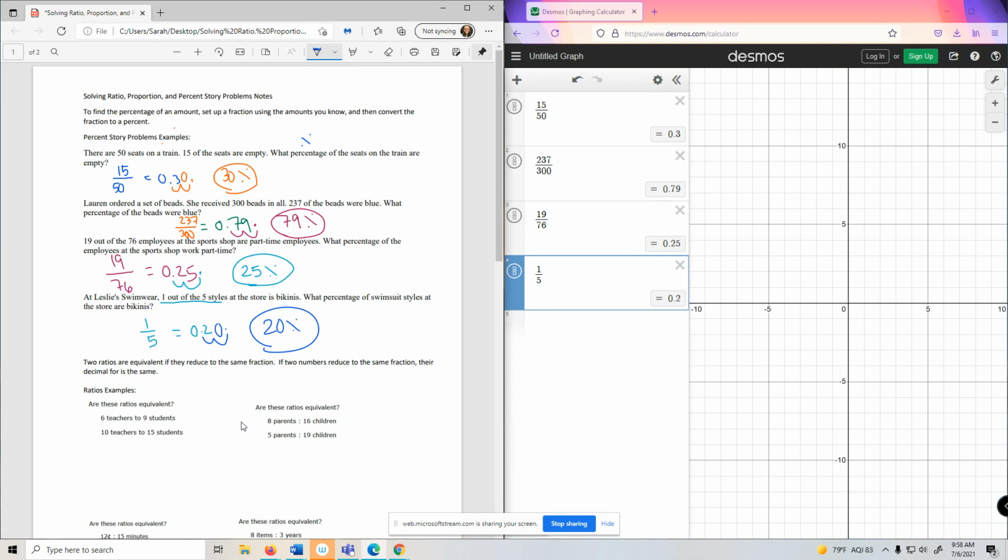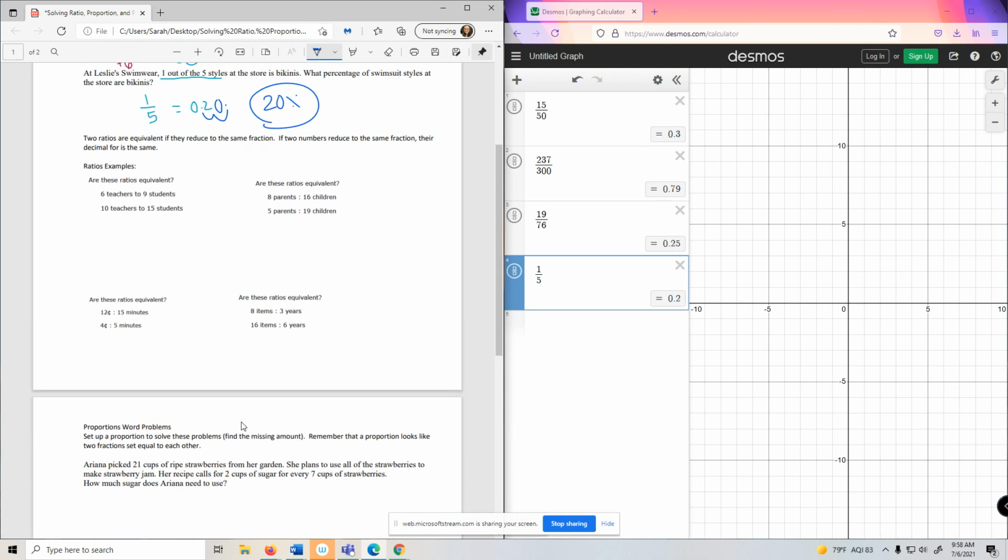So there are 4 examples here with ratios. In each of these 4 examples, we're looking at 2 ratios that are either written with the "to" version or the colon version. We're going to switch the ratios into fractions and see if they reduce to the same amount. Looking at this one right here, 6 to 9 is the same as the fraction 6 over 9. 10 to 15 is the same as the fraction 10 over 15.